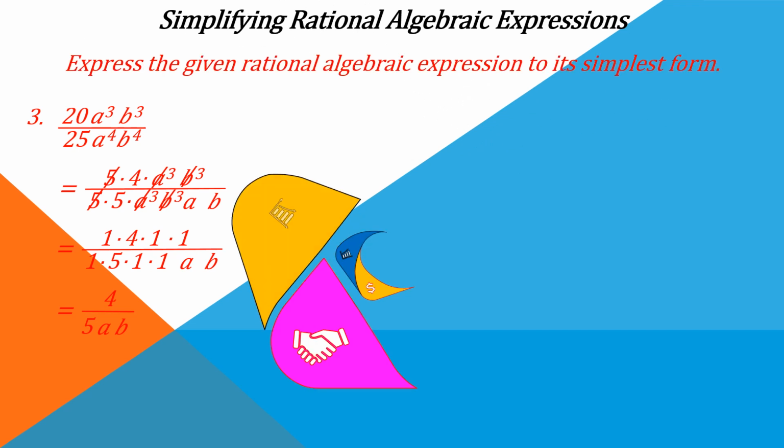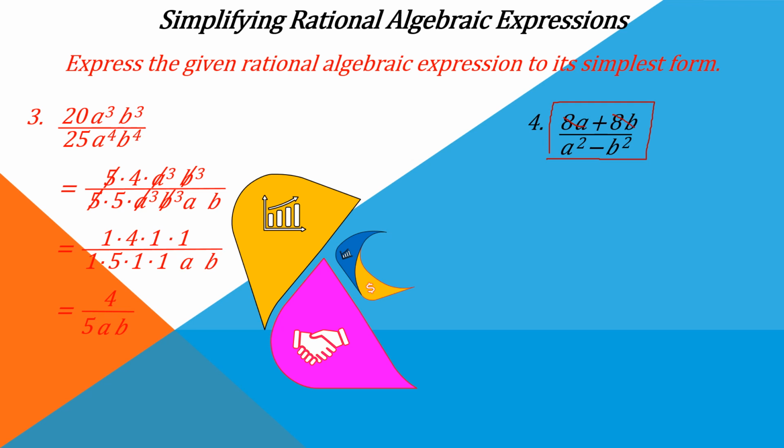Example number 4. 8a plus 8b divided by a squared minus b squared. Now, please notice our example. This is 8a plus 8b.